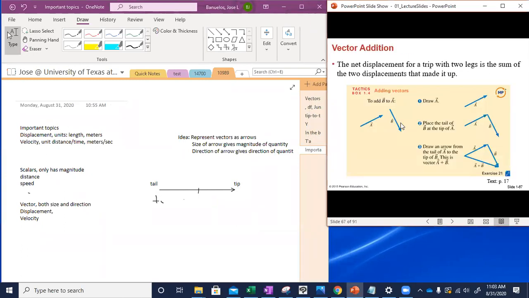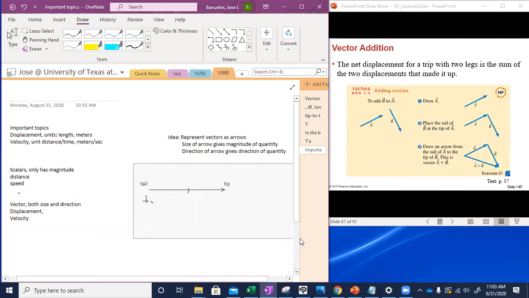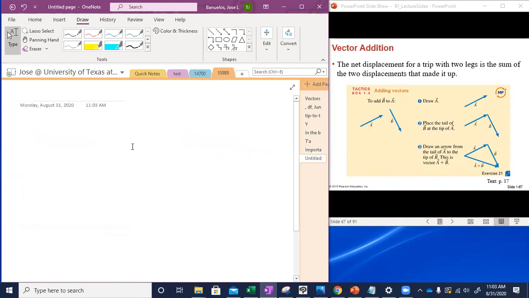So let's look into this idea of adding vectors. It says here, the net displacement for a trip with two legs is the sum of two displacements that make up the trip. The idea here is that we want to add A plus B, and we make a vector called A that looks like that, and a vector B that looks like this.